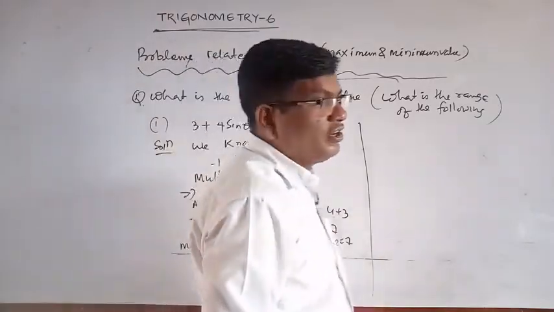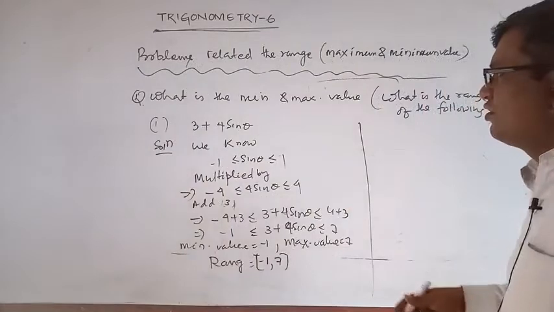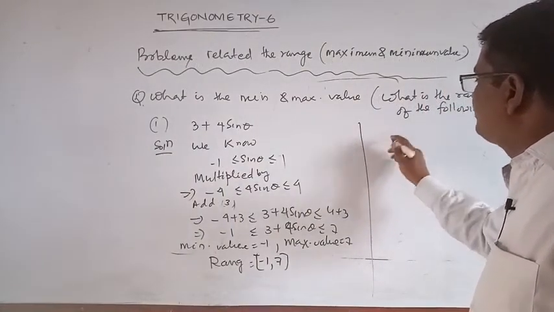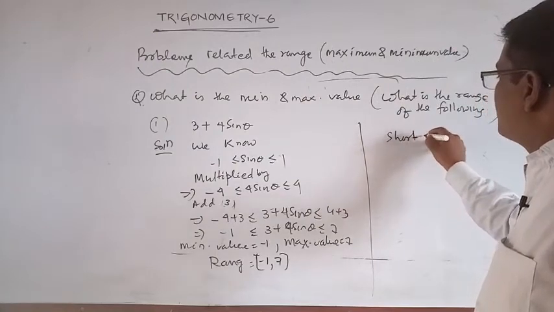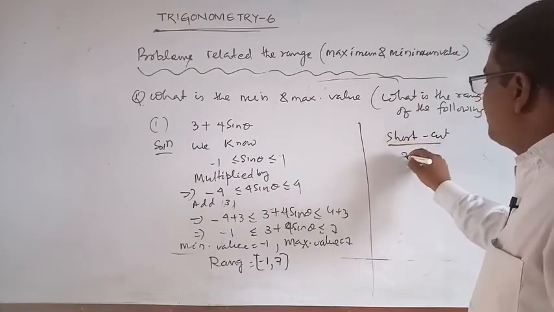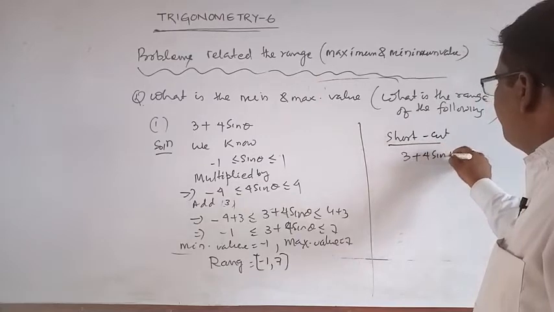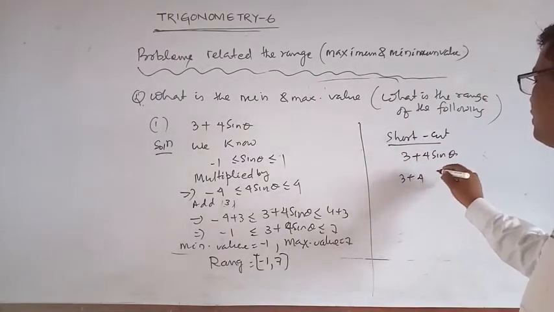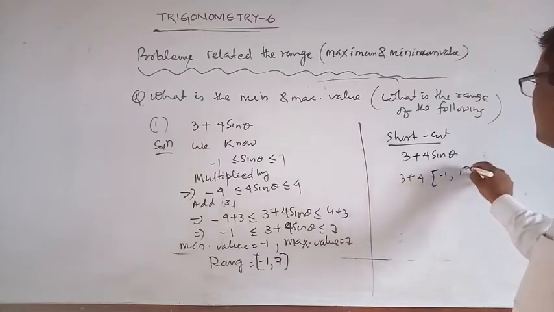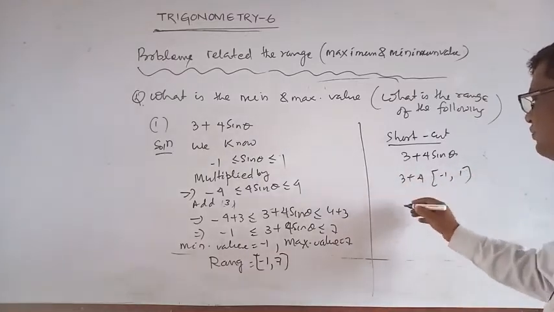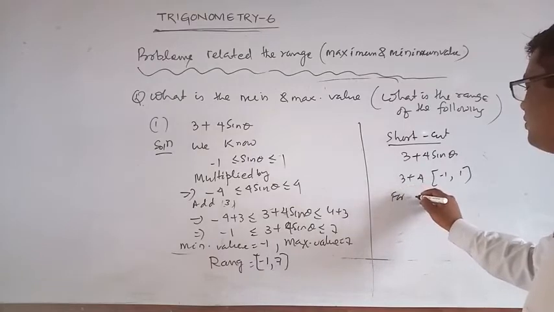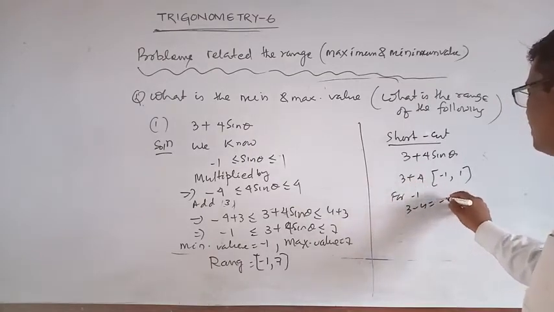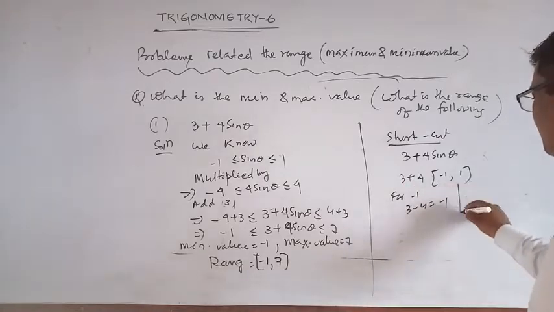Actually, there is a shortcut: put the minimum value and maximum value directly. In 3 plus 4 sin theta, sin theta is -1 to +1. For -1, 3 minus 4 is -1.